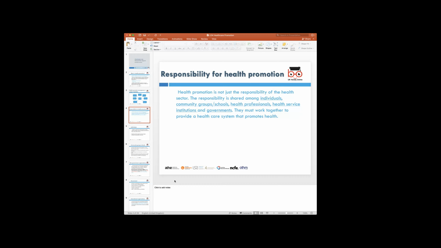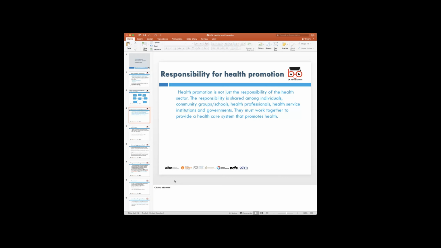That means people, whether you are working, whether you're studying, of all ages, healthcare professionals, other government organizations, and even private sector organizations, they all have the responsibility of promoting healthcare. That means they need to promote the right awareness of health and health-related routines, so that it leads to the development of a proper healthcare system, which is available to all at the time that they need, and at a place that they need it.